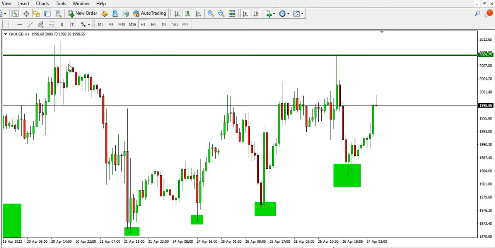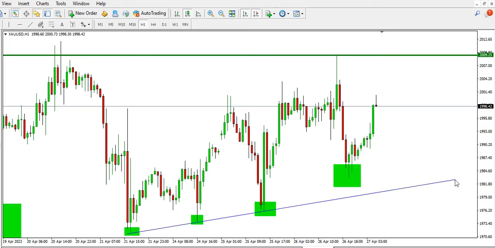If you look at what's happening here, the lows are ascending. Higher low, higher low, higher low. This low is higher than this low. This low is higher than this particular low, and this particular low is higher than this low. So that shows that buyers are stepping in.